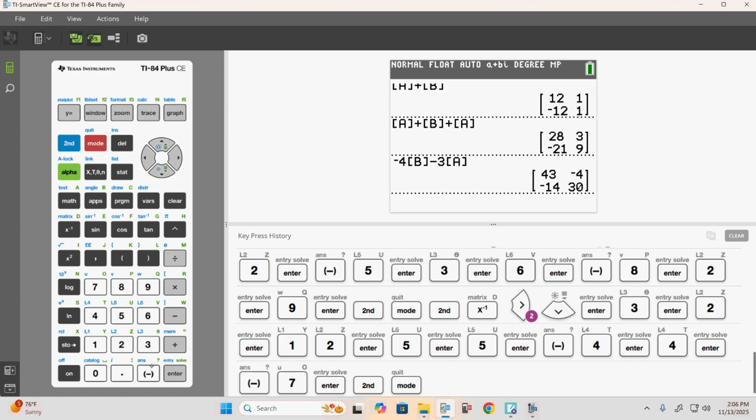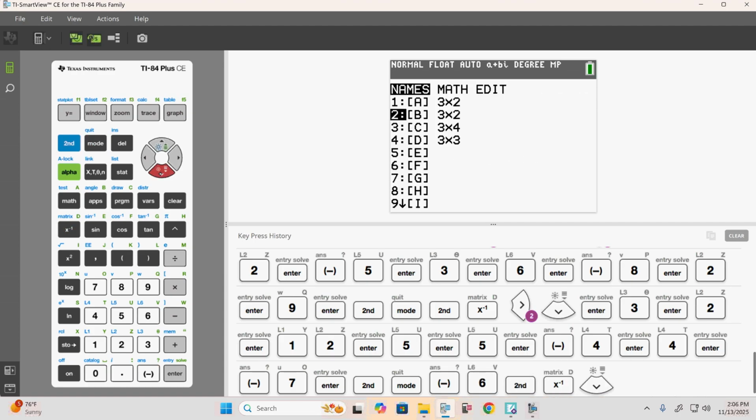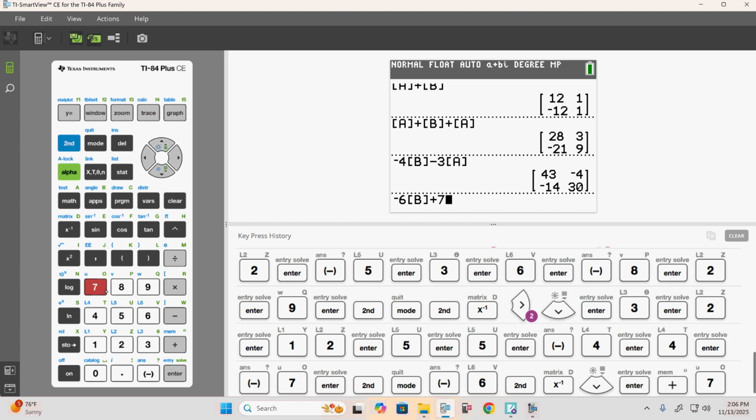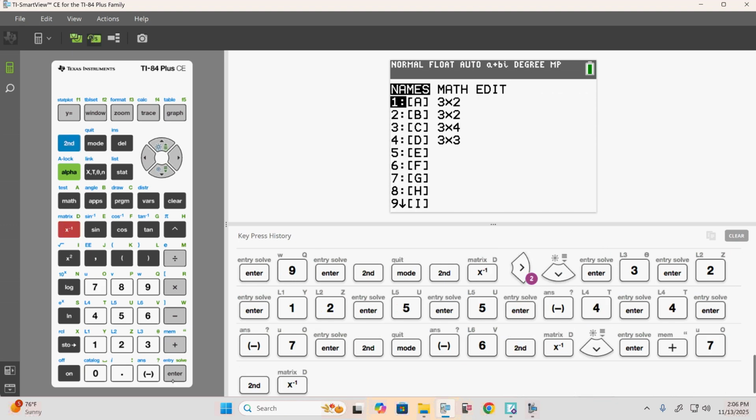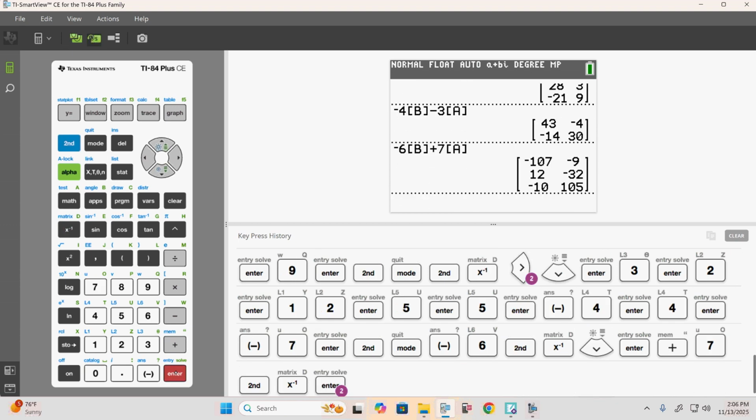It told us that we have negative 6 B plus 7 times matrix A. So we get 107, negative 107, negative 9, 12, negative 32, negative 10, 105. Yes? Questions on this here?